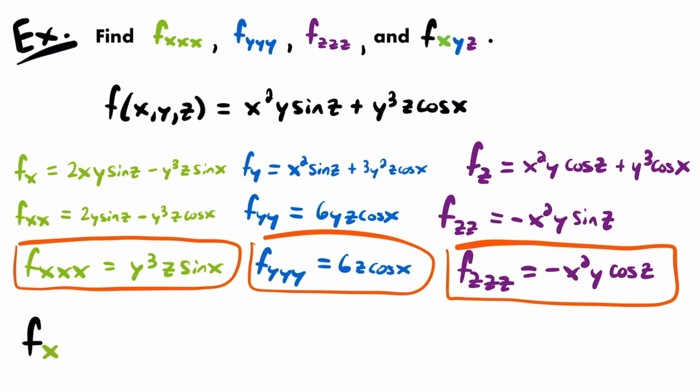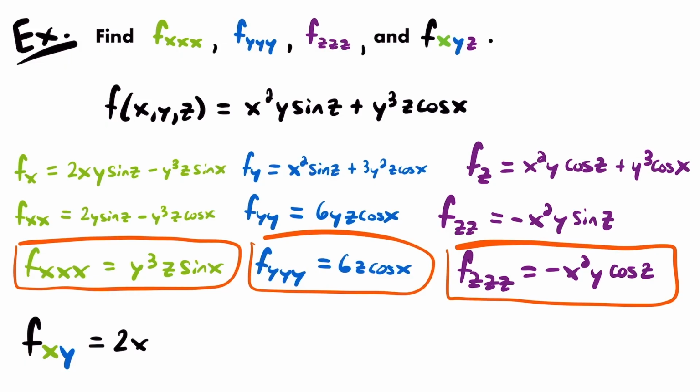F sub xy will be equal to the derivative with respect to y of these two terms. Looking at the first one here, y is to the first power, so the derivative of that will be its coefficient, which is everything else here. 2x and sine z are just constants with respect to y, so just remove that y and you have the derivative with respect to y.